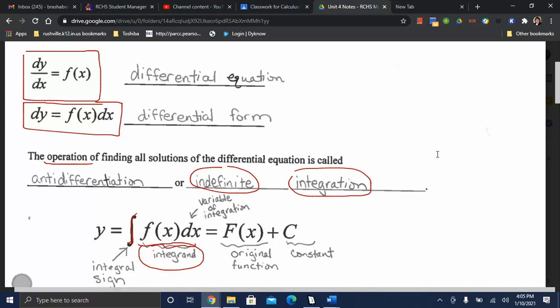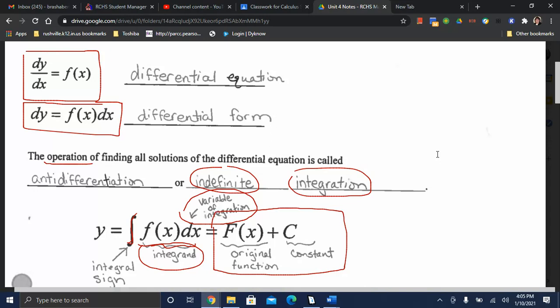The dx is the variable of integration. So that's what you're integrating with respect to, and that will be the variable that will be in your final answer. And when you perform this integration, your answer will be the original function and a constant added on.